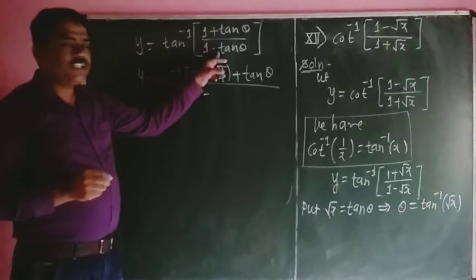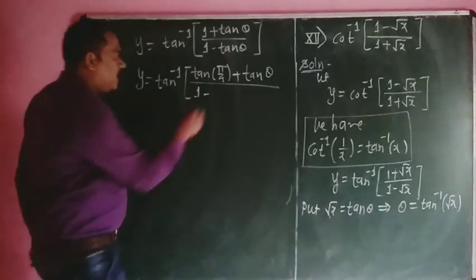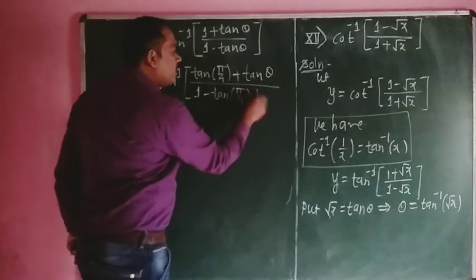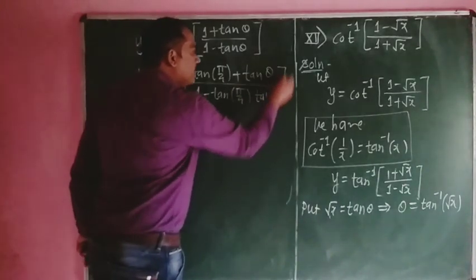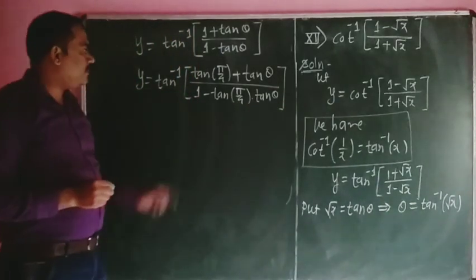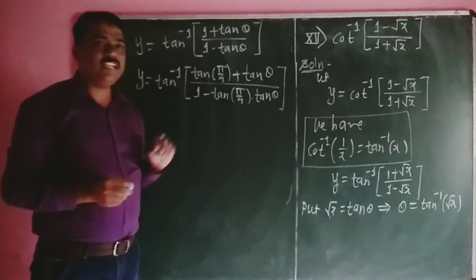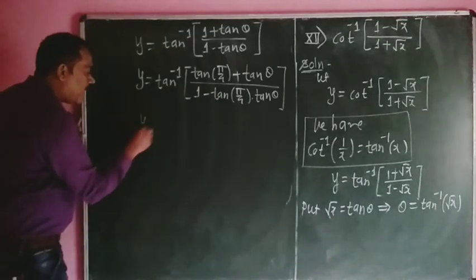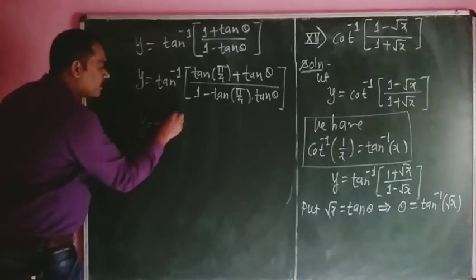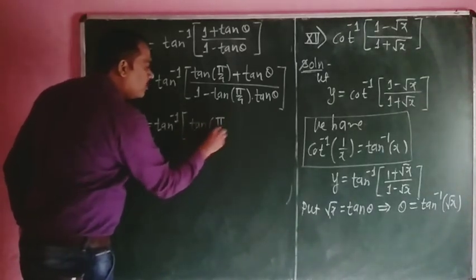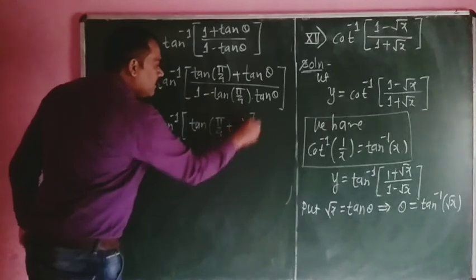Here the coefficient is 1, so we substitute its value as tan pi by 4 into tan of theta. By using the formula of tan a plus b is equal to tan a plus tan b divided by 1 minus tan a into tan b, we get y is equal to tan inverse of tan of pi by 4 plus theta.